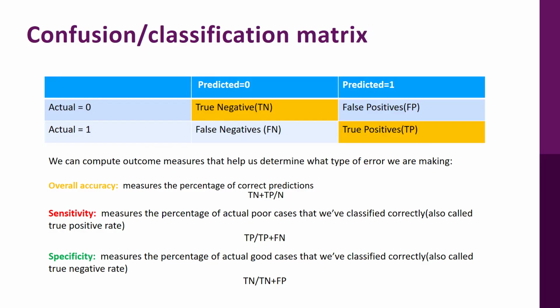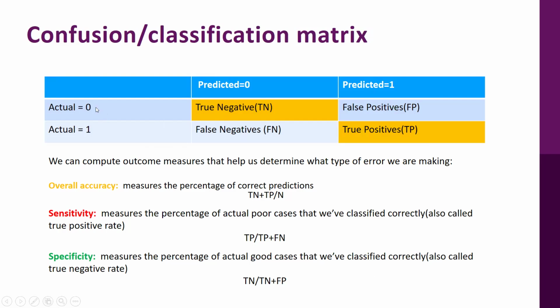Looking at the confusion matrix, you can see that it would give you 4 different conditions. If your actual value was 0 and you predicted the value as 0, then you predicted it correctly as a true negative. And negative means having 0 or being classified as 0.